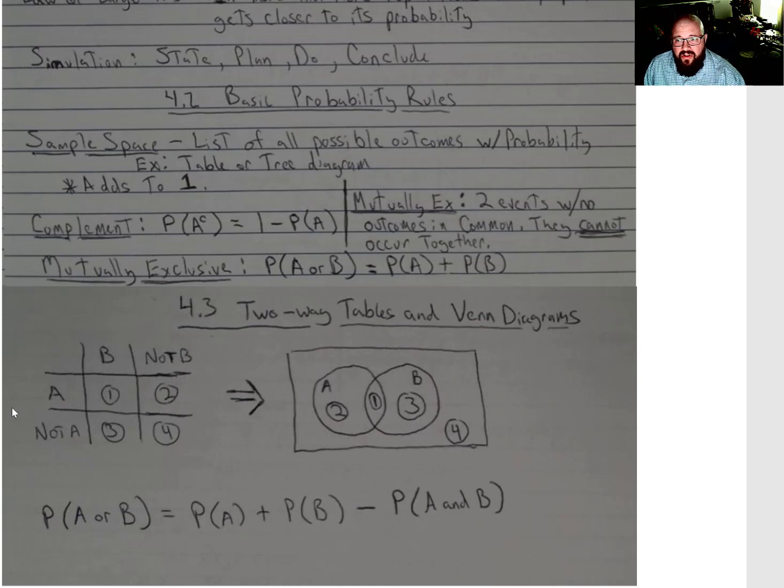However, if it's mutually exclusive and two things cannot occur at the same time, you don't have to subtract that probability of A and B, because they cannot occur together, so there's no reason to subtract a probability of A and B. It may still be a little bit confusing. We'll get into that, and hopefully the example we go over makes a little more sense.